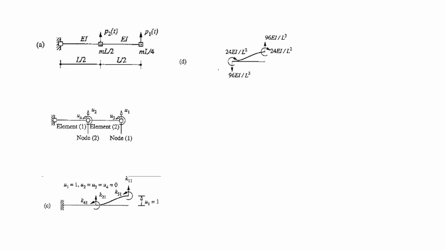If we have a look at this, what will be K11? It's 96 EI by L cube. Then K21 is minus 96 EI by L cube. K31 is minus 24 EI by L square, and K41 is minus 24 EI by L square.